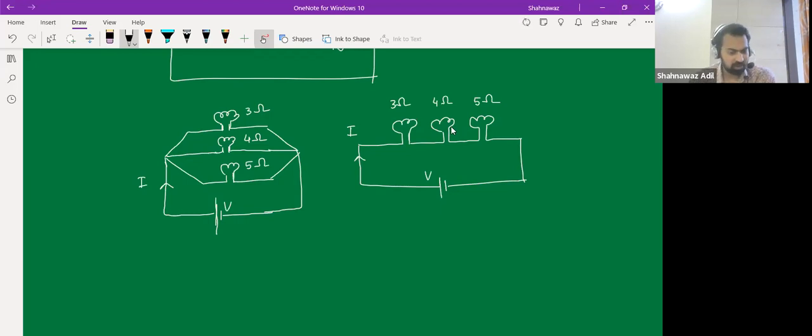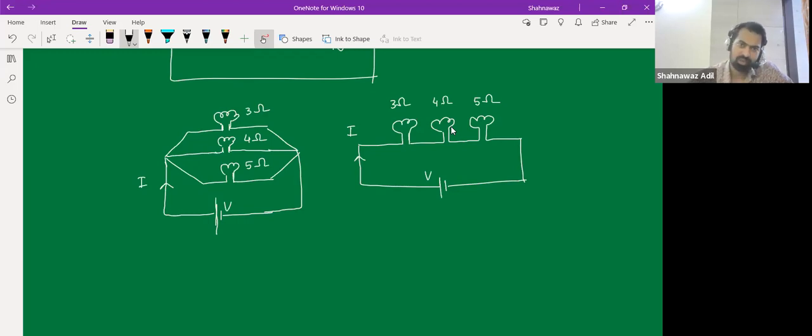So whenever they ask about the glowing of a bulb, what should we calculate? What should we calculate, guys? I gave the example of the market, and Maria gave the right answer.